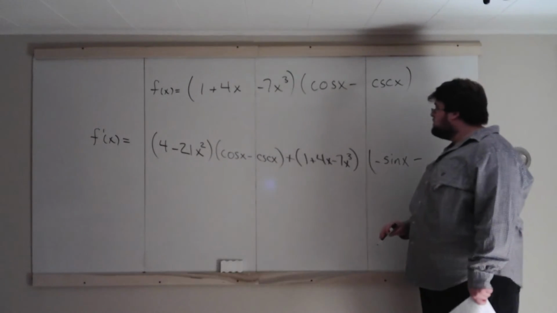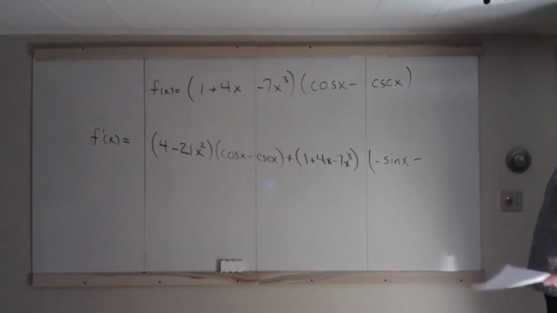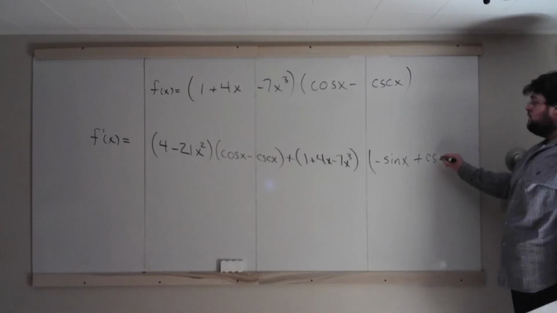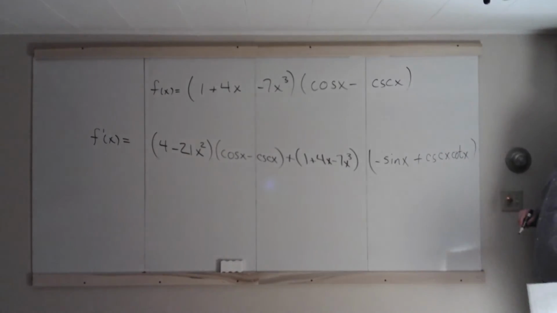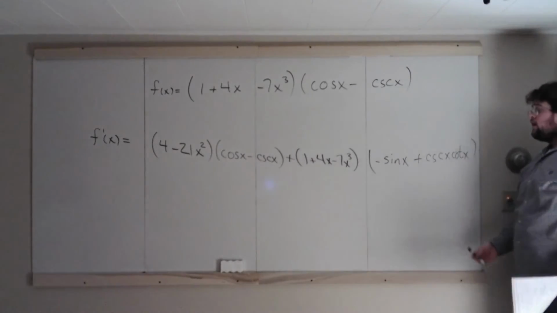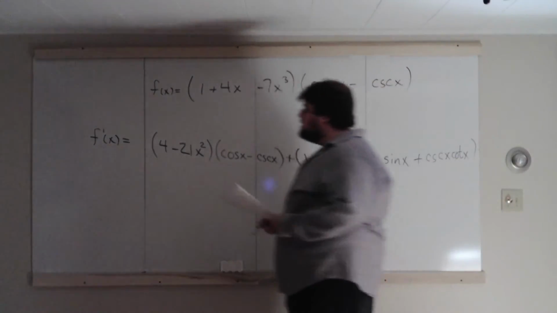Before I said derivative of cosecant, I should have said negative sign. There's that negative sign. Derivative of cosecant is negative cosecant cotangent. So we have negative sine minus a negative cosecant cotangent. And I'll just write that minus a negative as a positive sign.